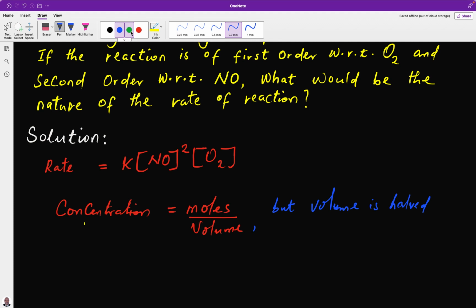Let's proceed in our calculation. The concentration now will be equal to the number of moles divided by a half.